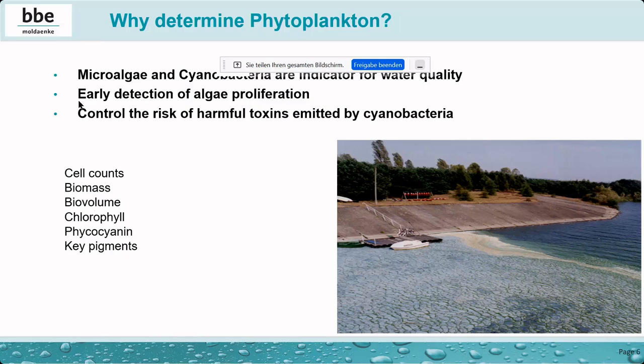They can also determine the biovolume. And an important factor, because it's rather easy to determine, is the chlorophyll content or the phycocyanin content. These are both pigments which are inside of the algae cells and the cyanobacteria. And sometimes they also use other key pigments which are inside of the cells. I will come to this a little bit later. That needs a more sophisticated type of measurement.